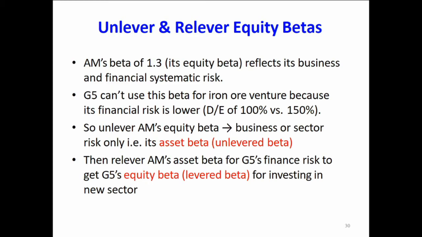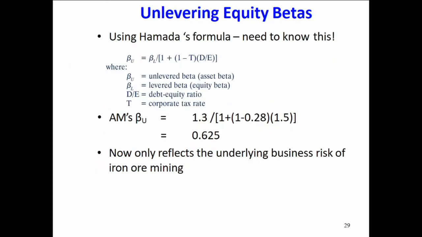Then we will relever ArcelorMittal's asset beta to reflect G5's financial risk, and this will give us G5's equity beta, which is the levered beta, which can be used to assess whether we should invest in the new sector. So if we want to put formulas to that, we can use something called the Hamada formula.